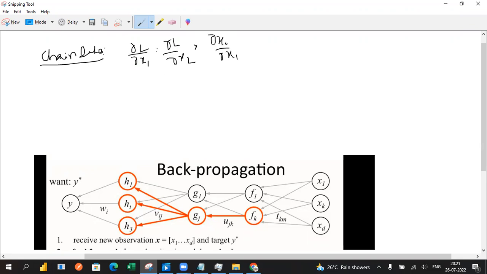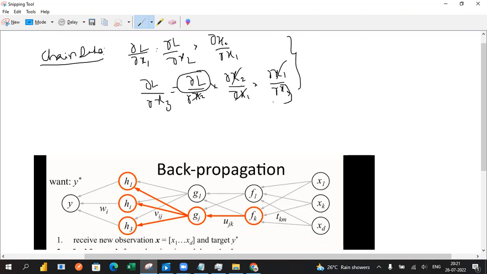So can I write dl by dx3 is equal to dl by dx2 multiplied by dx2 by dx1 and dx1 by dx3? Can I write it like this? It is going to cancel together, and you will get these values only, right? So this is the chain rule.